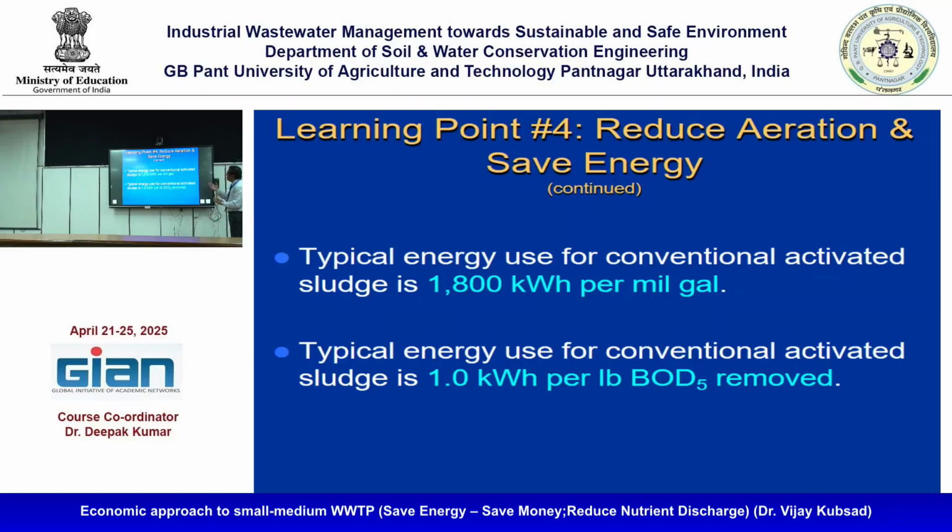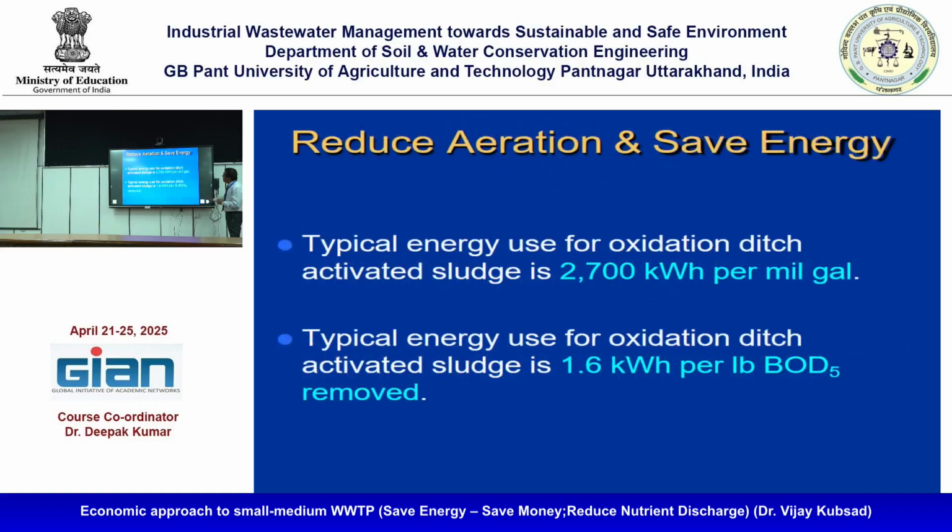Reduce aeration, save energy. Aeration and the cost go hand in hand, and we should be smart enough to reduce it. Reduce aeration, save energy. That is what I was telling all the time.